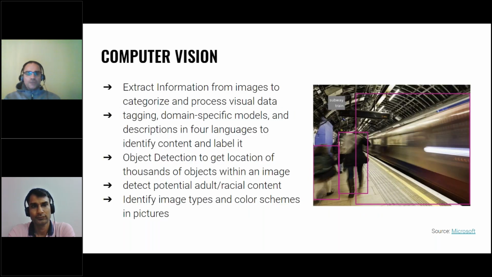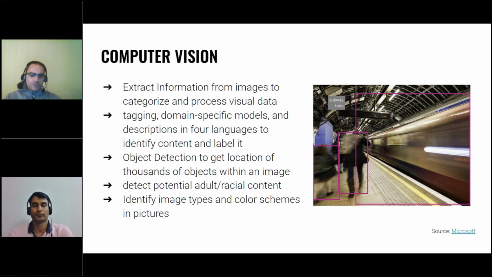As far as computer vision or images goes, Microsoft provides great capabilities to extract information from images, and to categorize and process visual data. Tagging, domain-specific models, and descriptions in 4 languages to identify content and label it are also available. Object detection gets the location of thousands of objects within an image, and it can detect potential adult or racial content.